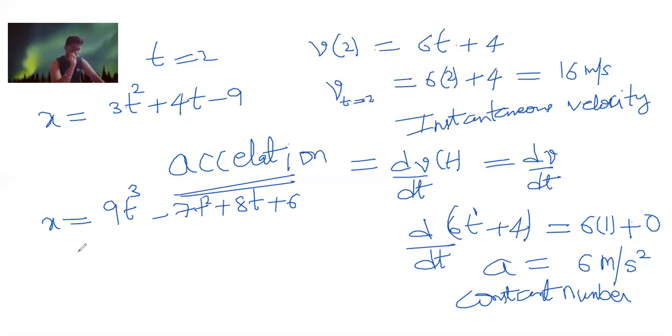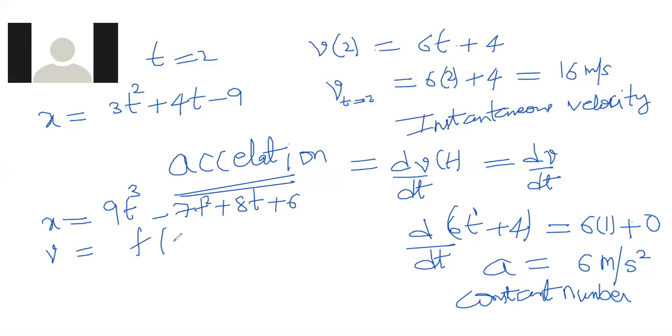It is a cubic equation. Then, even without doing it, I can tell the velocity. Of course you have to do it, but definitely one power will reduce, or not? So it will be a function with t square, no doubt about it. Then acceleration will again reduce the power by one.